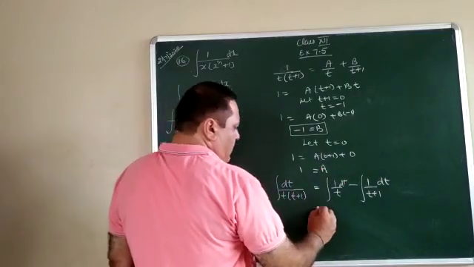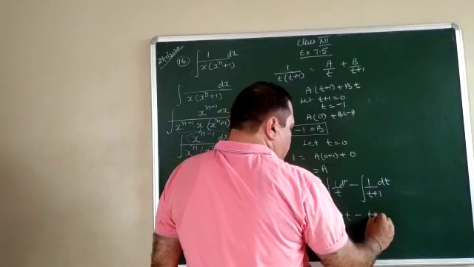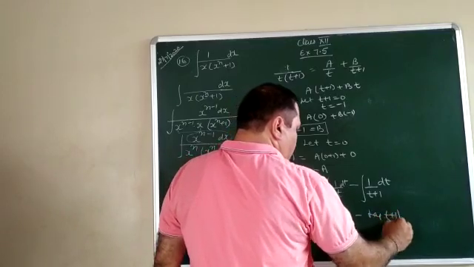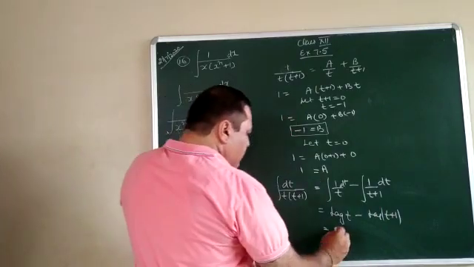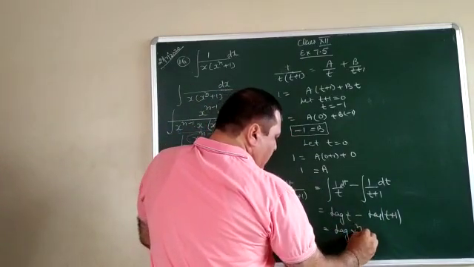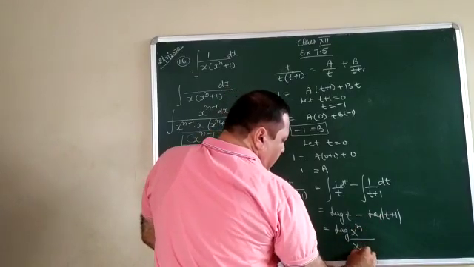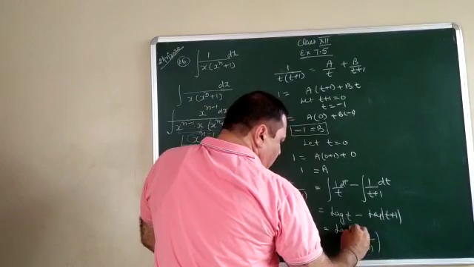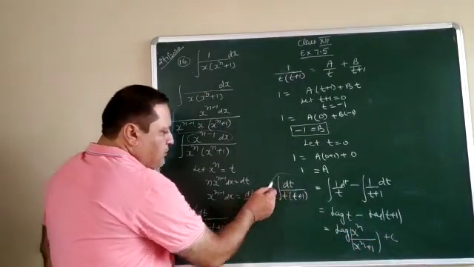Now see, what is the integration? It is log of t minus log of t plus 1. And this equals log of t, which means x to power n, minus log of x to power n plus 1, plus c. Using log m minus log n equals log m upon n, this is the integration of this part.